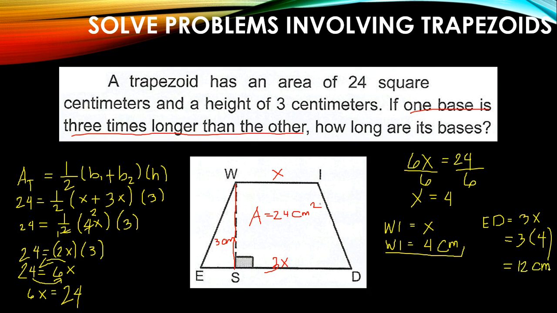So, therefore, ED is equal to 12 centimeters. Therefore, how long are the bases? The upper base or the WI measures 4 centimeters. The lower base or the ED measures 12 centimeters. Okay? So, that is the answer.